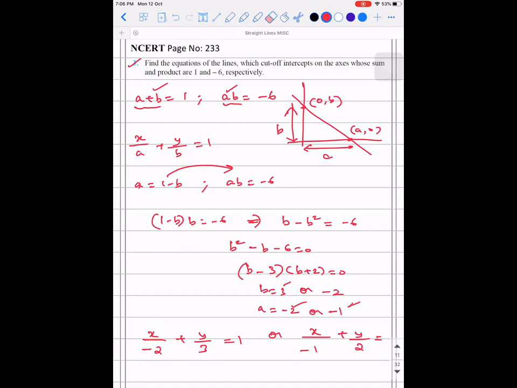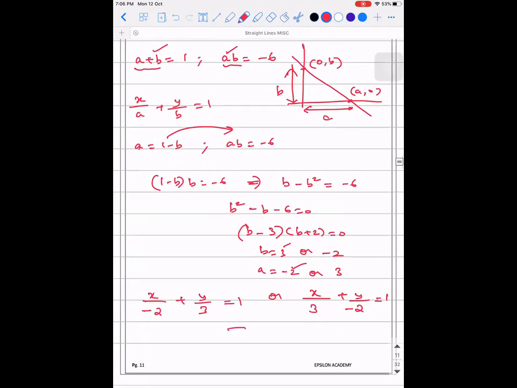When it is minus 2 here, then here it will be 3. So x by 3, did you guys understand what I did? x by 3 plus y by minus 2 is 1. So these are the two equations that they have asked.